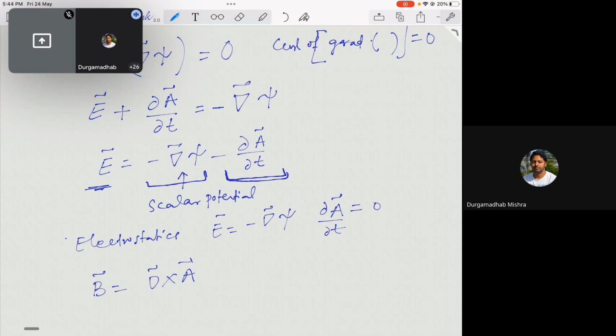So we are now able to write at least two Maxwell's equations in terms of the corresponding potentials, scalar and vector potential.